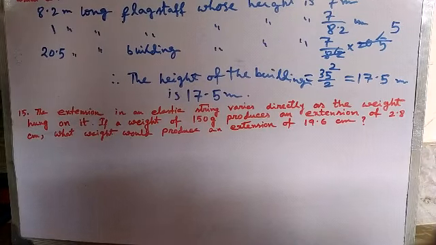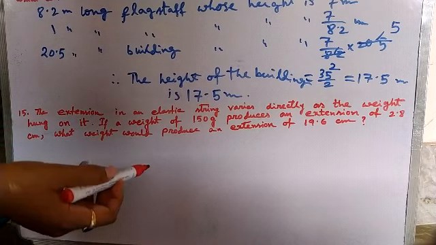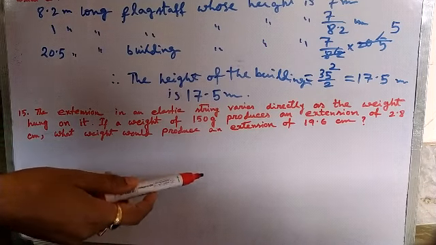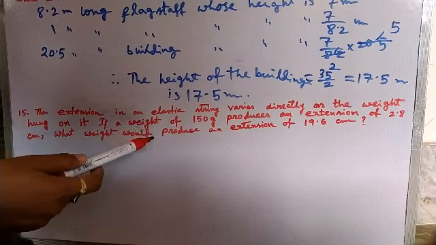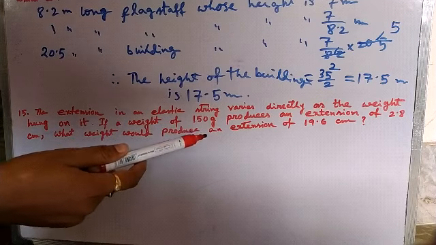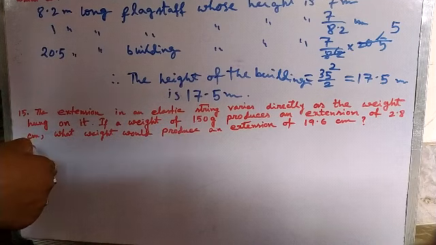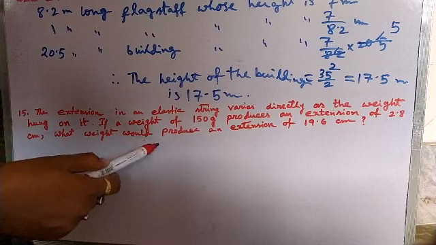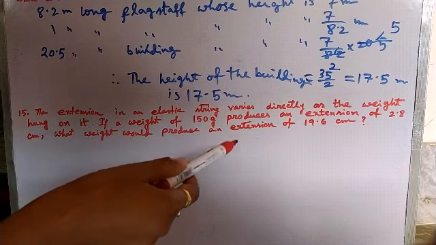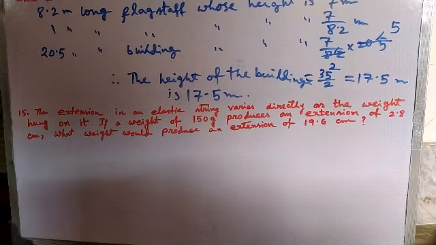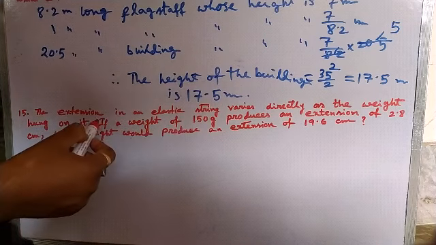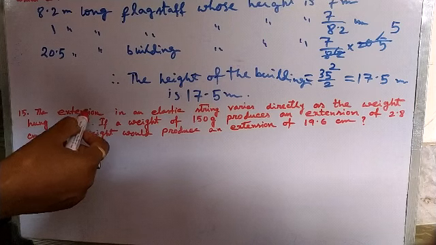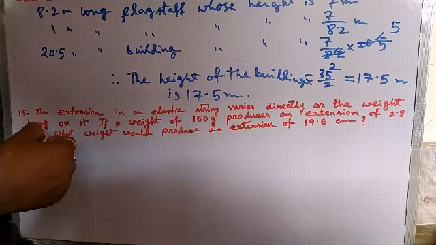So now question number 15. The extension of an elastic string varies directly as the weight hung on it. If a weight of 150 gram produces an extension of 2.8 centimeter, what weight would produce an extension of 19.6 centimeter? So elastic string can be extended when the weight is hung on it.